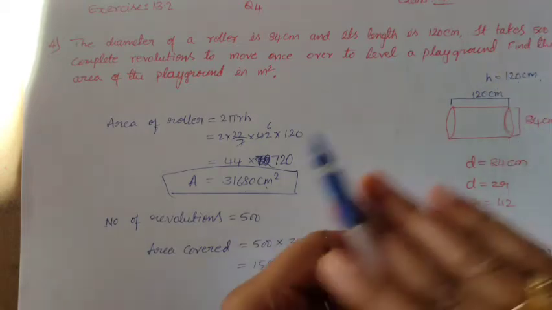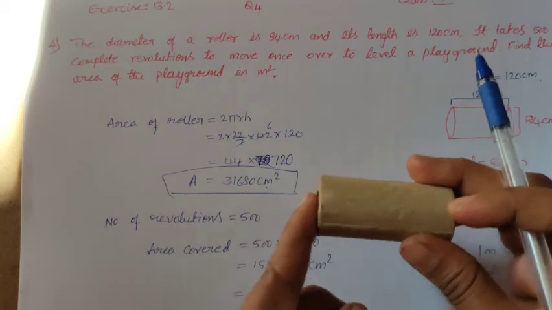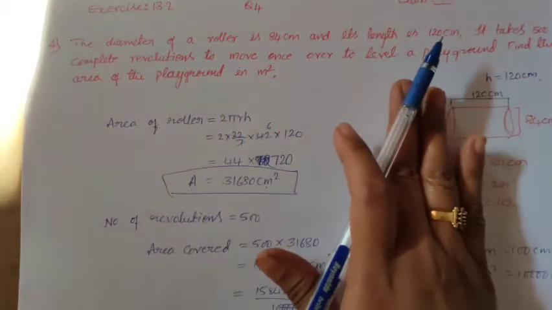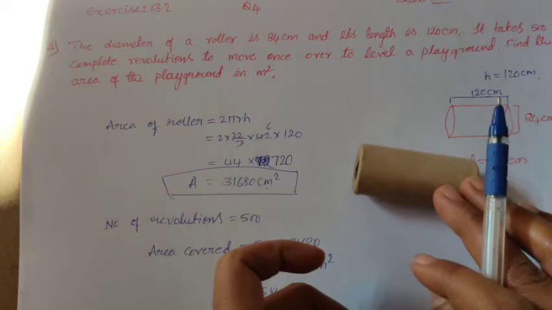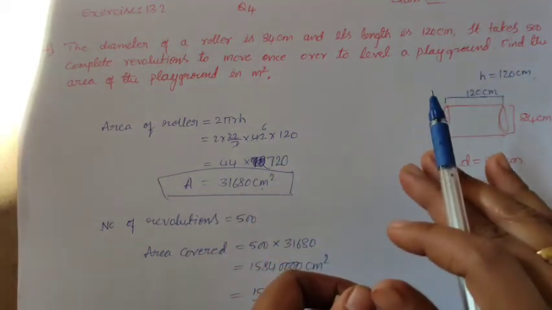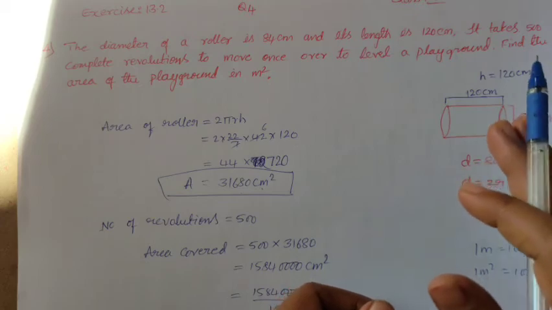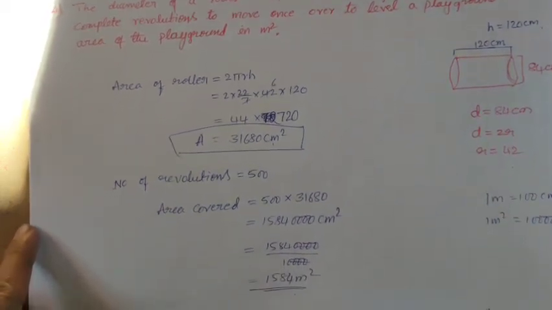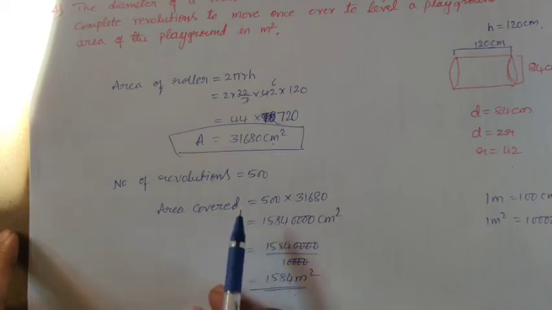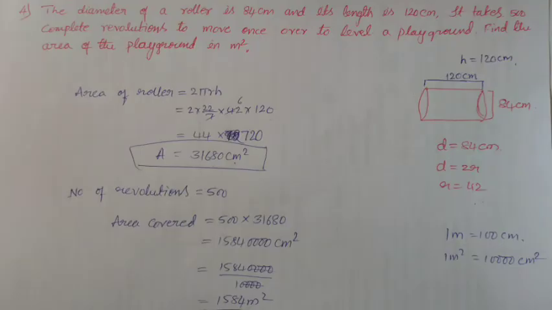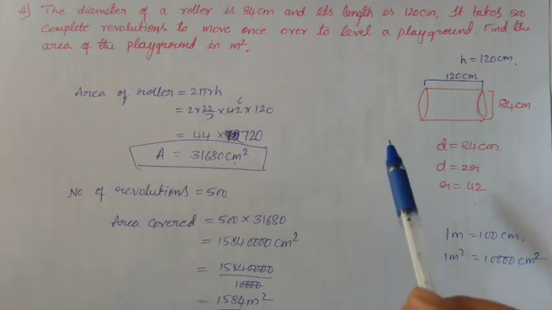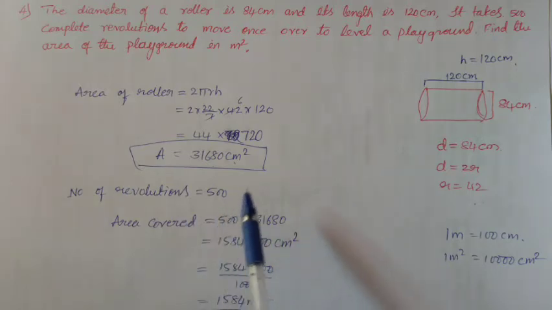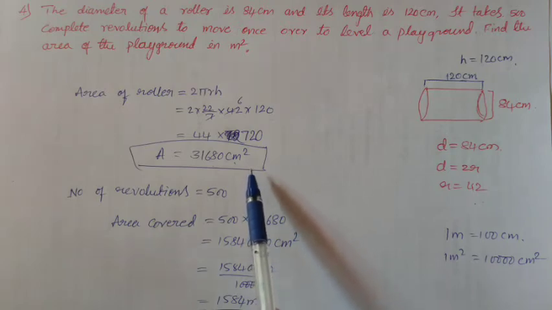To level the playground, the roller takes 500 complete revolutions. The number of revolutions is 500.